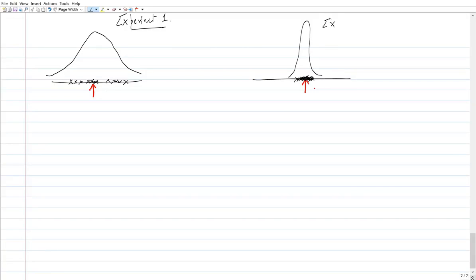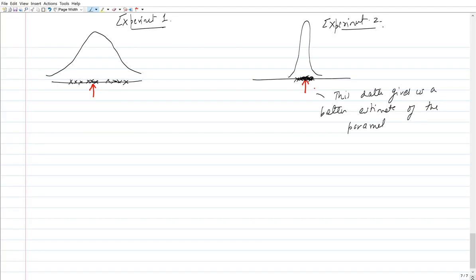Intuitively you can say that experiment 2 is better because statistically speaking, this data gives us a better estimate of the parameter. It makes sense.